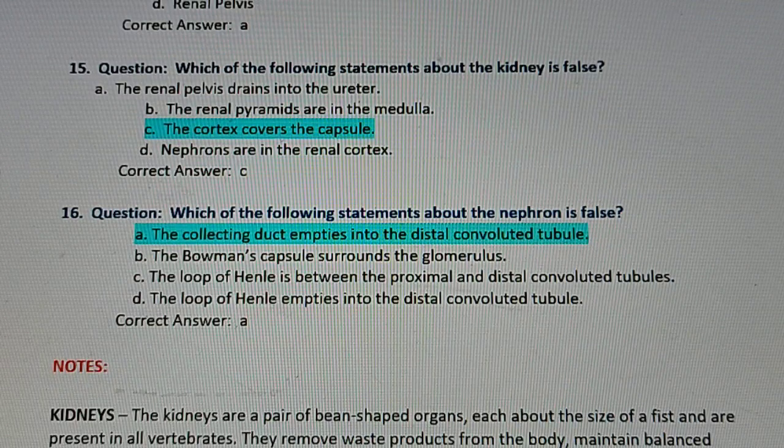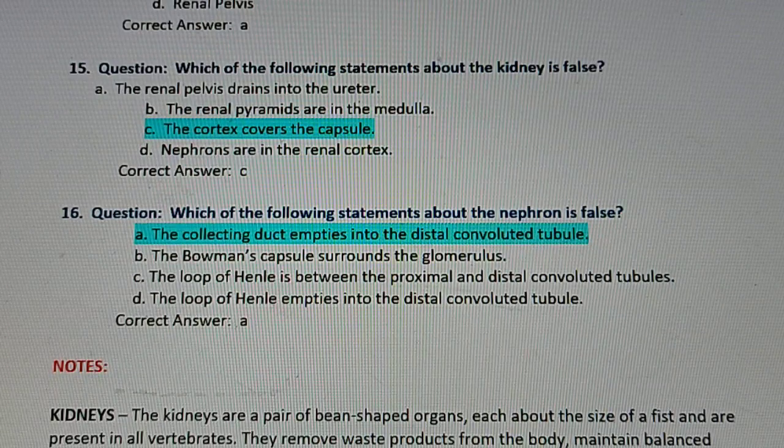Now next we're going to go to question number 16. Which of the following statements about the nephron is false? So we're looking at a false statement. A, the collecting duct empties into the distal convoluted tubule. B, the Bowman's capsule surrounds the glomerulus.